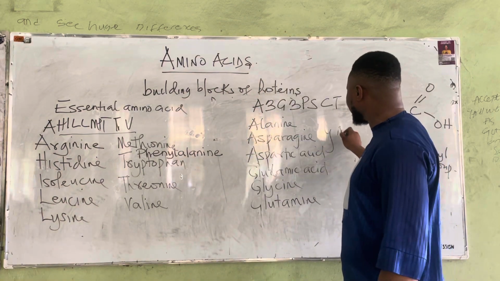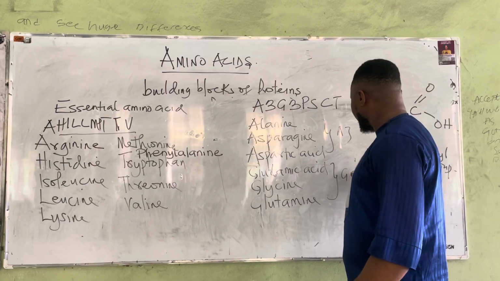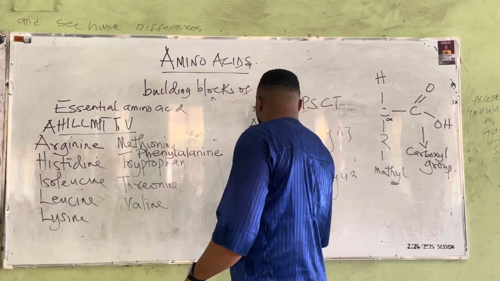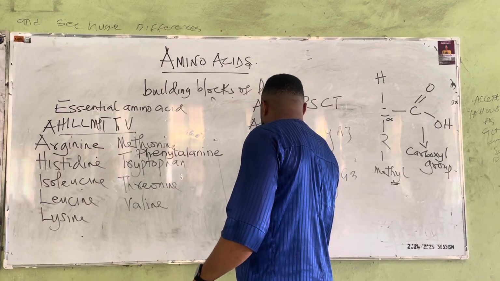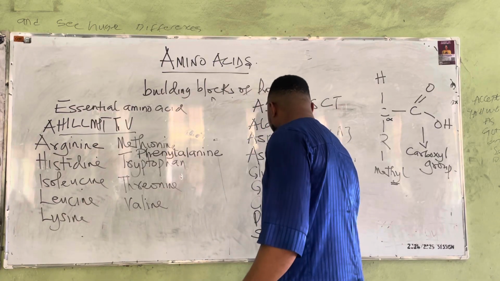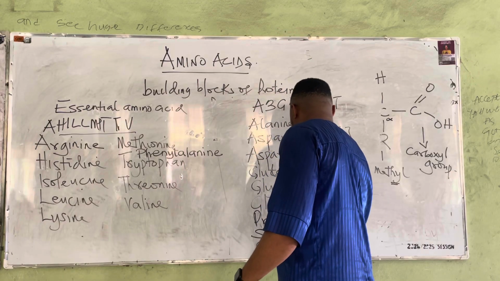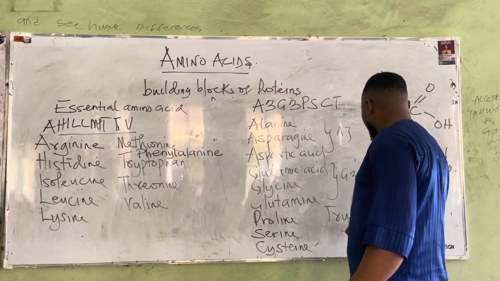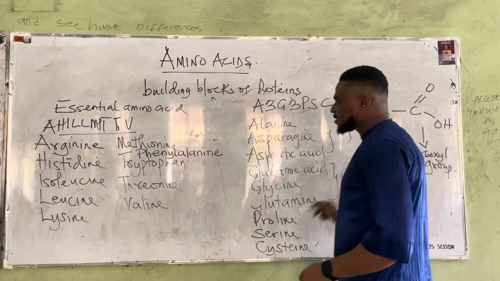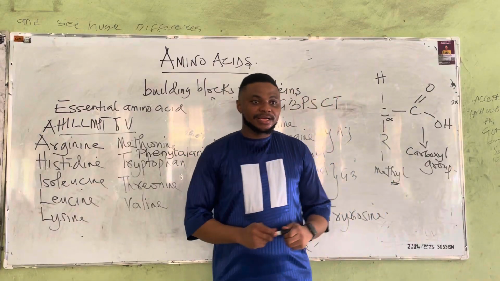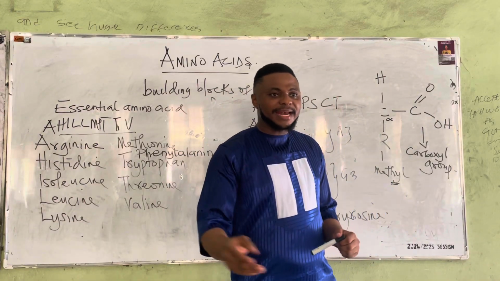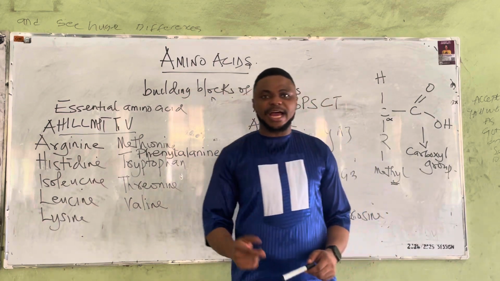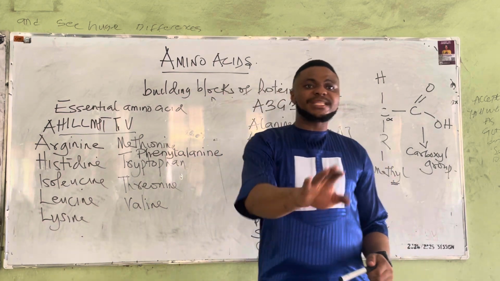Then PS: P is proline, S is serine. Then C is cysteine. Then the last one is tyrosine. All right. So basically, these are the 10 essential and non-essential amino acids.